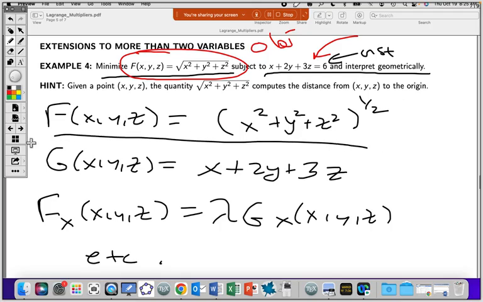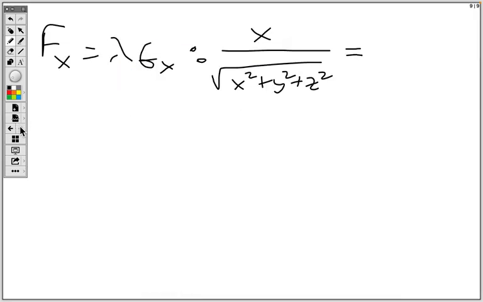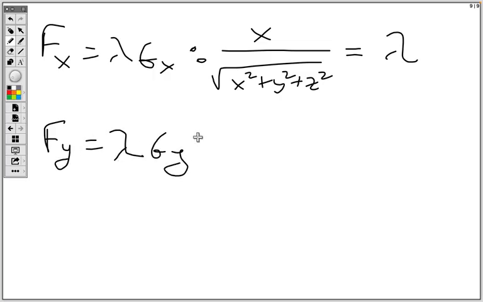G is just a nice linear function. What's gx? Good, just 1. So that's going to be lambda, 1 lambda. And then I need fy is lambda gy. Now because of the symmetry of f in terms of x, y, and z, if fx is x over this square root, then what's fy going to be? Instead of x, it'd be a what?